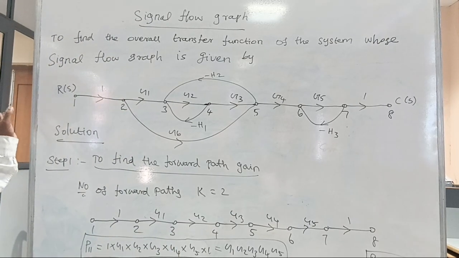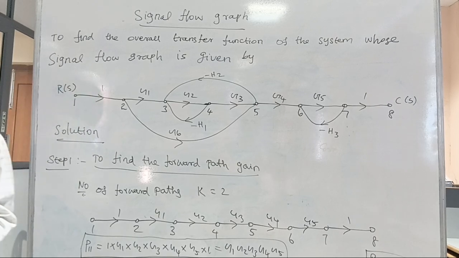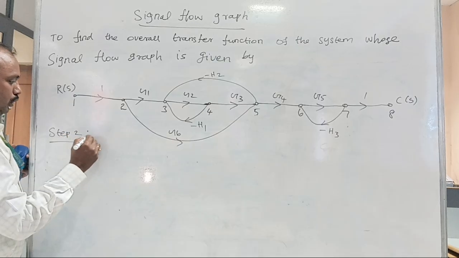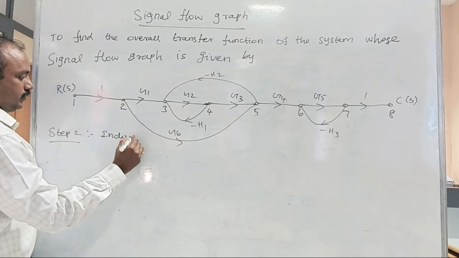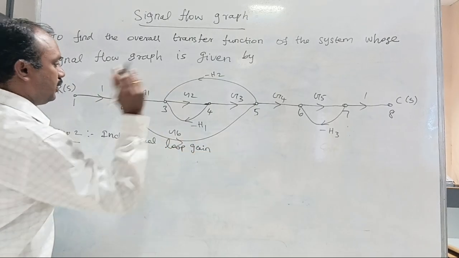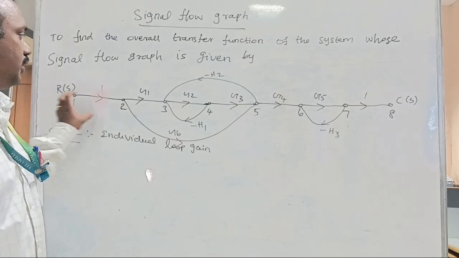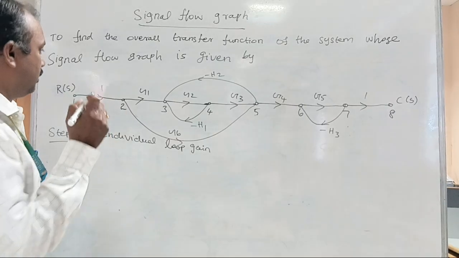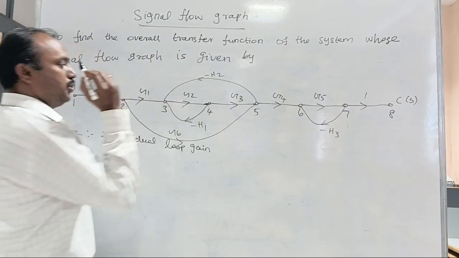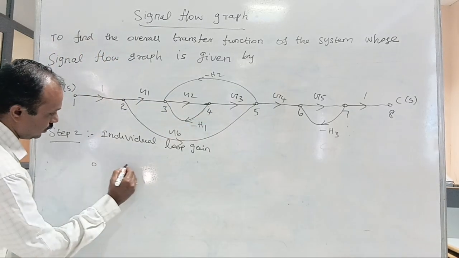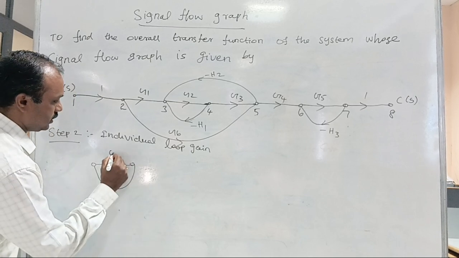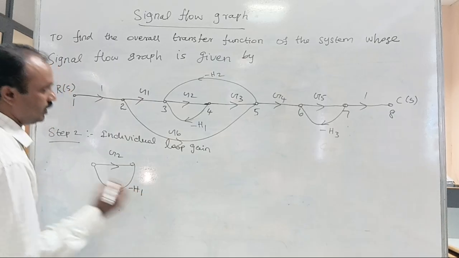Then the second step is to find the individual loop gains, that is the closed loops. Here one loop is 3, 4, again 3, with gain G2 and feedback minus H1.